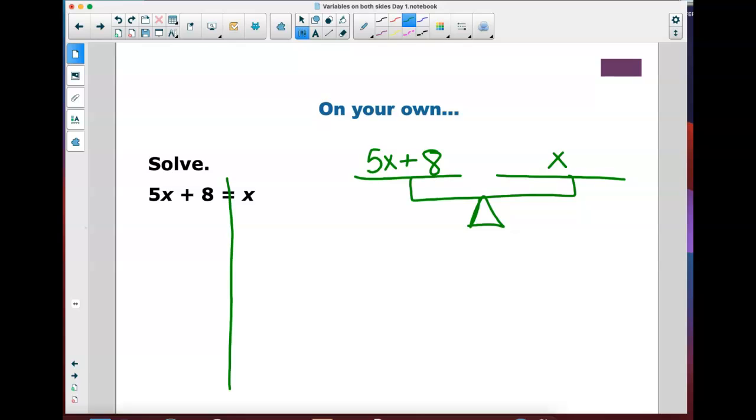Does it matter which side I choose to get rid of the variable? Oh, not really. Would it be okay if I said, I want to get rid of this x? I don't want that x there. Is that okay? So that means I also have to take away an x here, right?